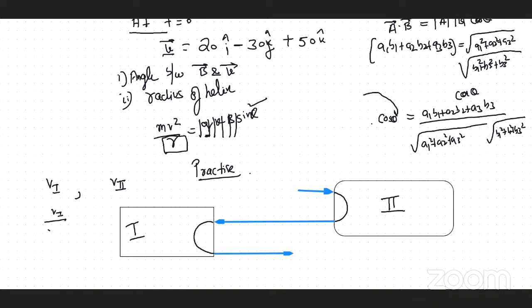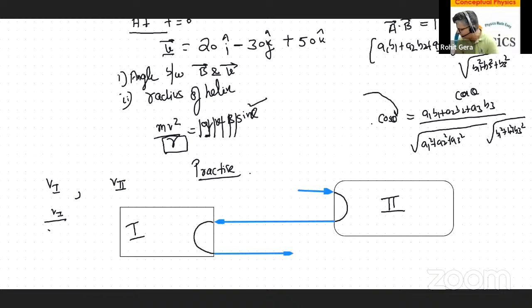Now, you have to tell me what are the reasons for this difference. Assume that both the charges are moving perpendicular to the field. You can do anything.